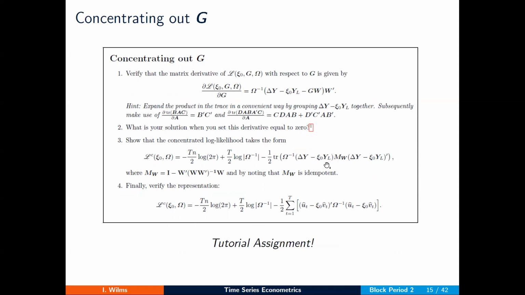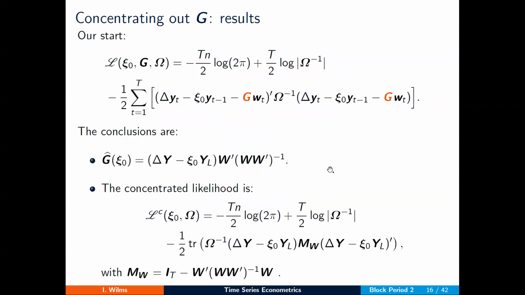And you're also pre-multiplying it with the series in levels, the YL. So it will then hopefully not come as a surprise that the residuals from these regressions will also enter in our expressions.